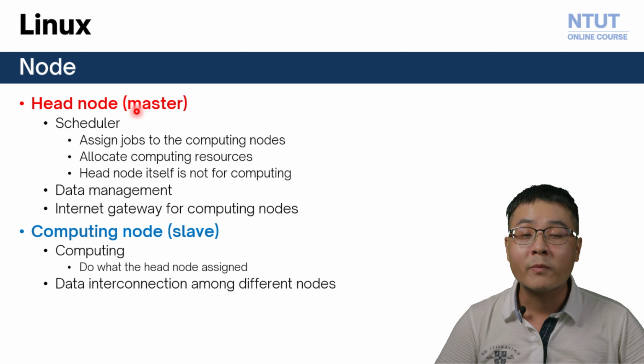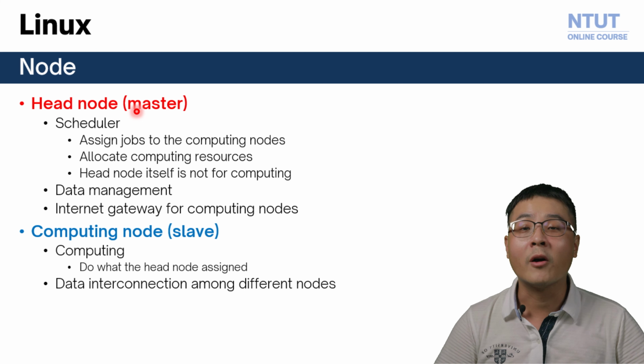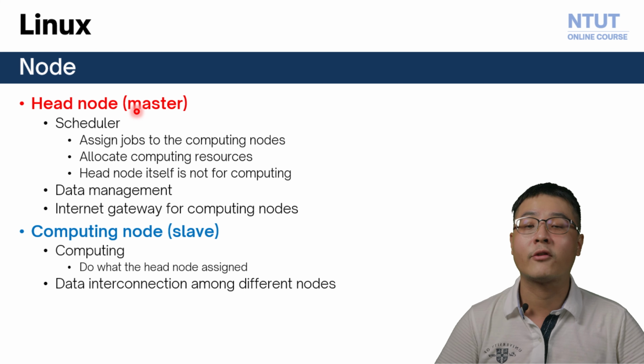And typically, the head node itself will not be part of the computing nodes, which means we will not use the head node in computing. The head node is only used as a scheduler.